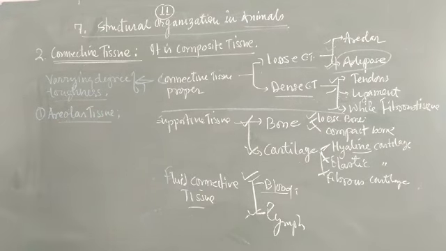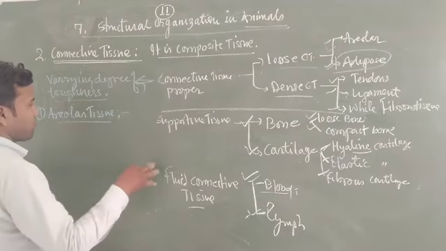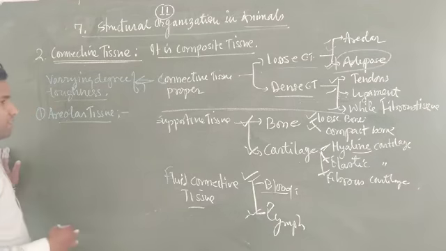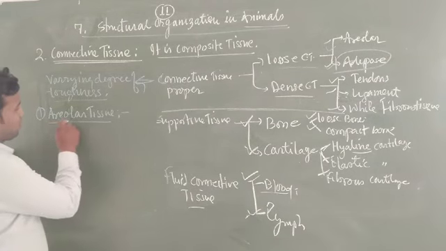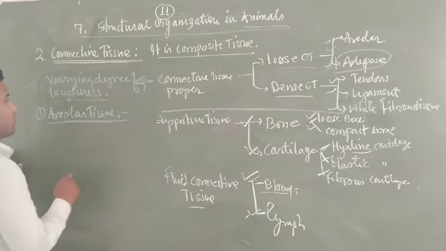Generally it is called areolar loose connective tissue. So why is this called loose? Because each and every cell of these is loosely packed and they are connected by fibers.